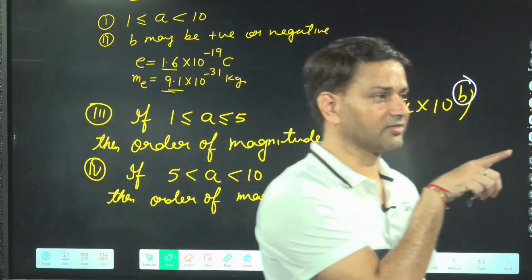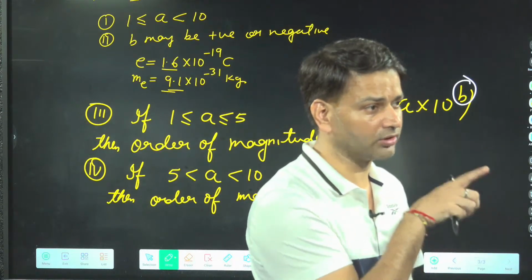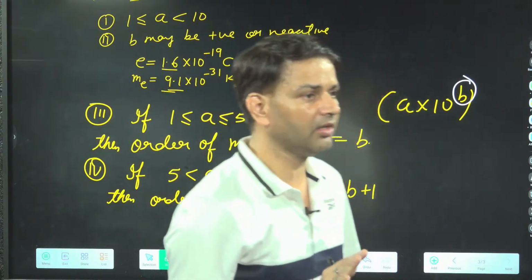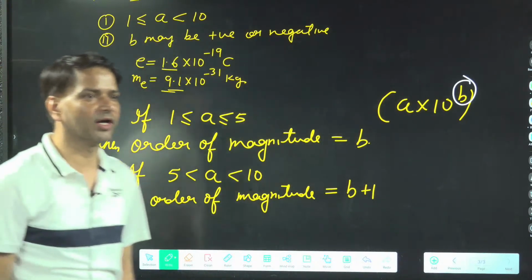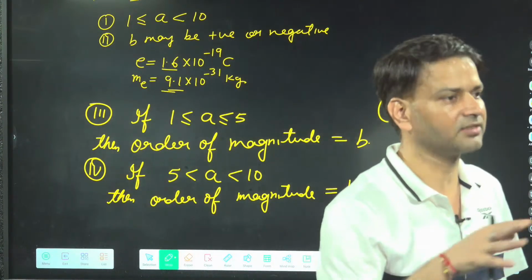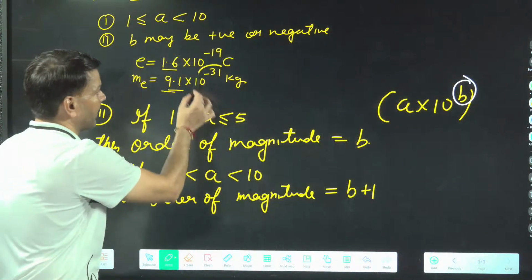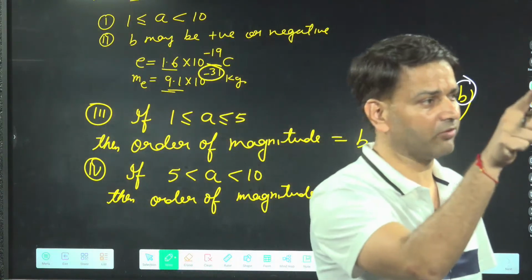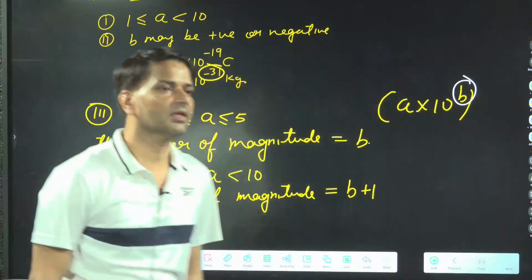The A value is 9.1, which is more than 5, so the order of magnitude is B plus 1. The B value is minus 31. Minus 31 plus 1, you will get minus 30. Got it?